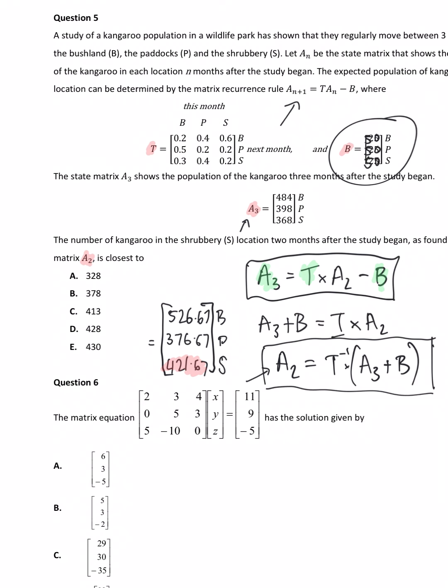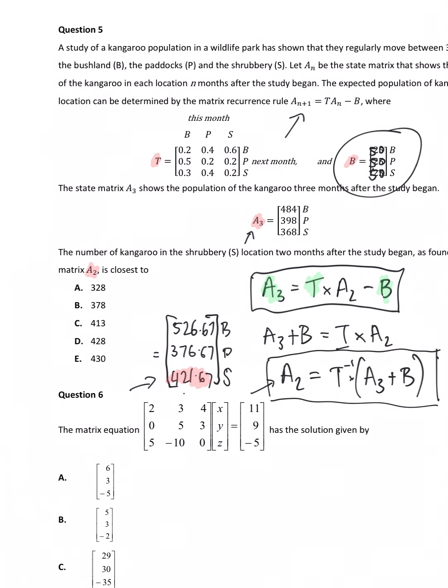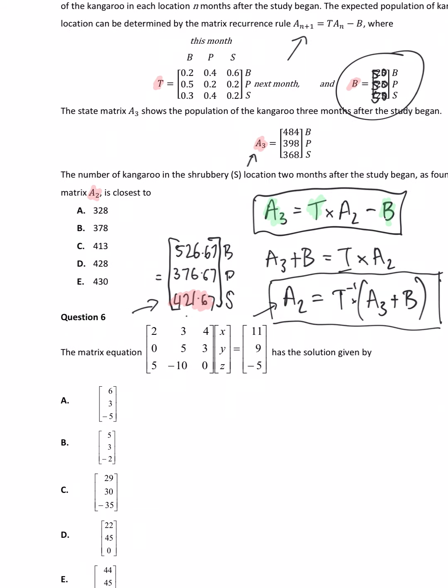I forget which one it is, but essentially 421 kangaroos will be in the shrubbery in the 2nd month. This is a little one I haven't taught, going backwards in the recurrence relation, so I can send you another question on going backwards as well. But it was impossible to get with the 25s, so that's fine.